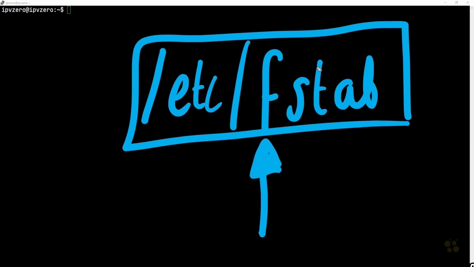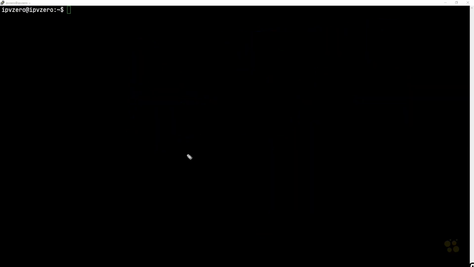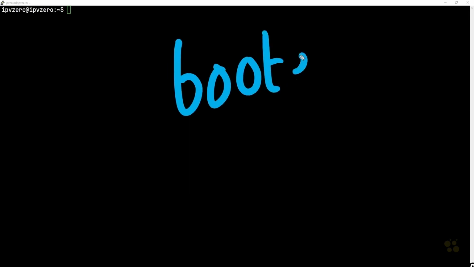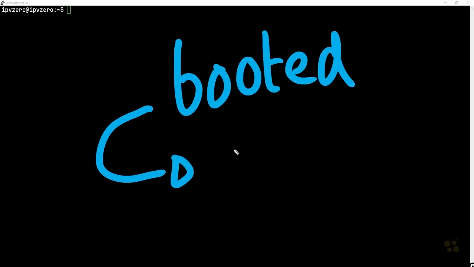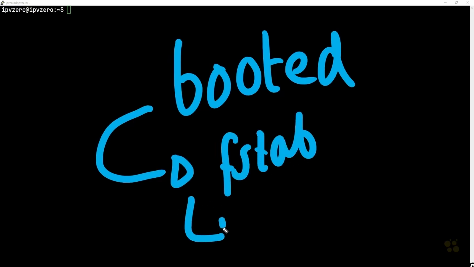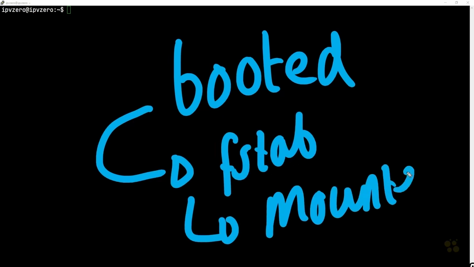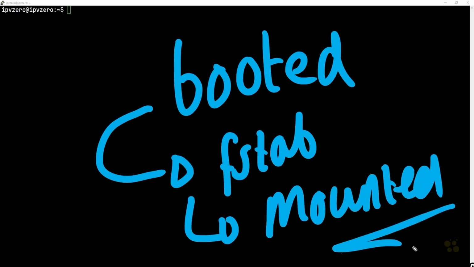Now, here is the deal. When we specify that a file system should be mounted within fstab, this means that when the system is booted, those specified within fstab will be mounted. So every time we boot the system, the mounting process happens.